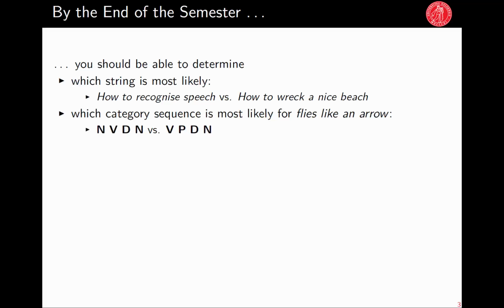They like arrows. So the disambiguation, the choice between the two interpretations here hinges on the assignment of lexical categories. And we'll learn how to assign these categories to sequences of words. So here we're beginning to do what we'll call syntactic analysis.